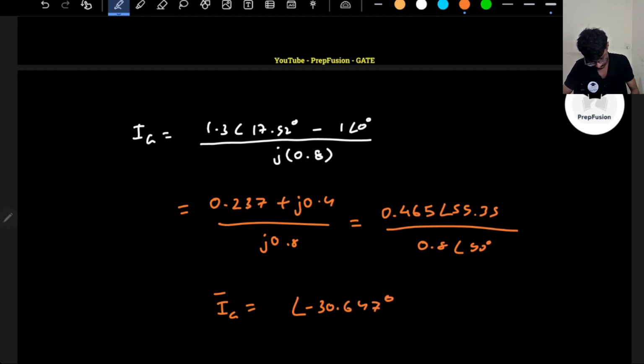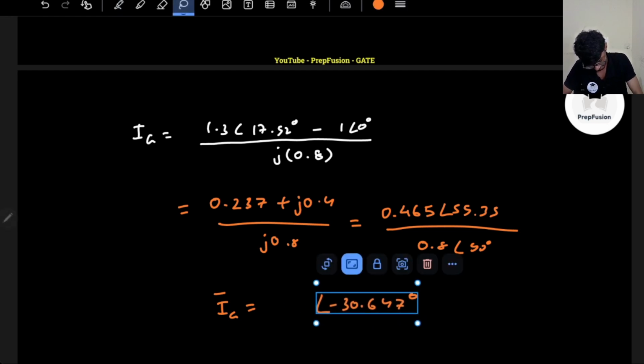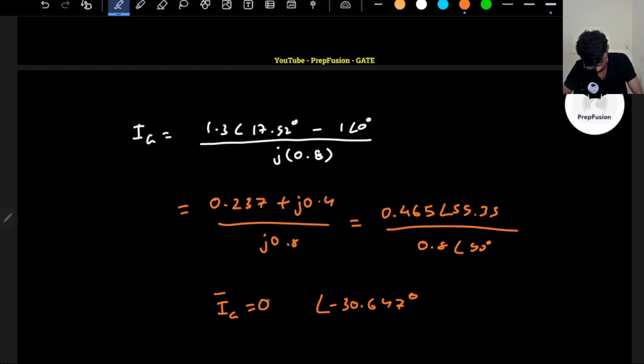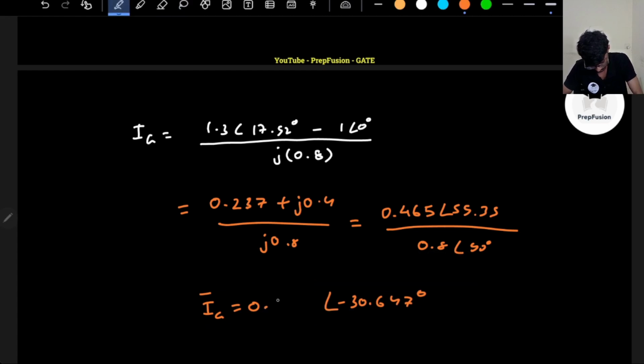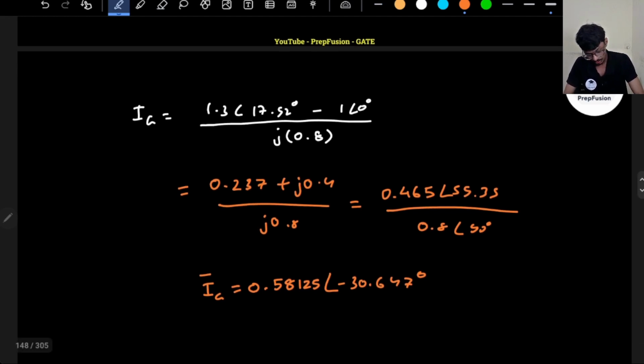The value of the current in per unit is 0.465 divided by 0.8, so this is 0.58125. So this is the current.